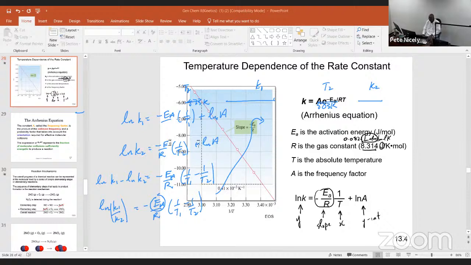So based on what I see here, EA is equal to R ln k1 over k2, divided by 1 over T1 minus 1 over T2, all right?